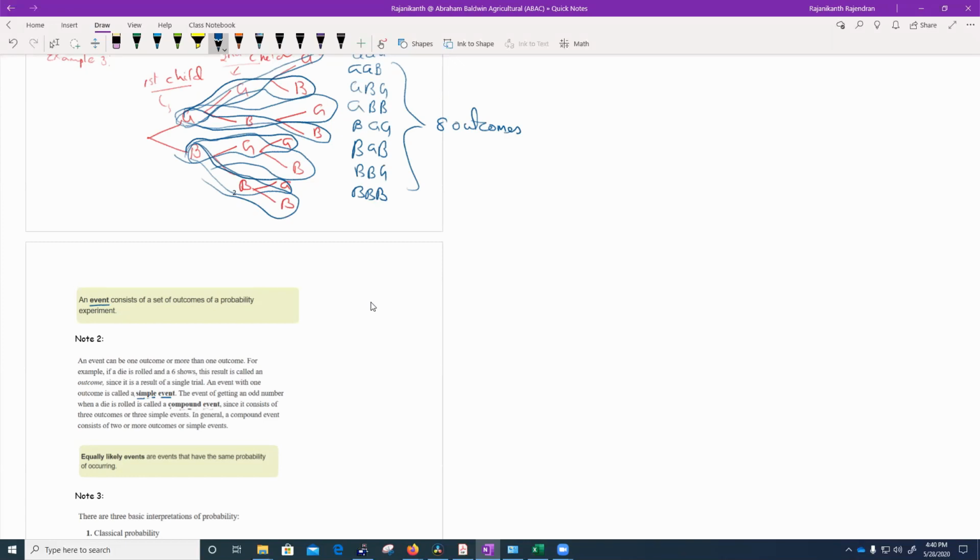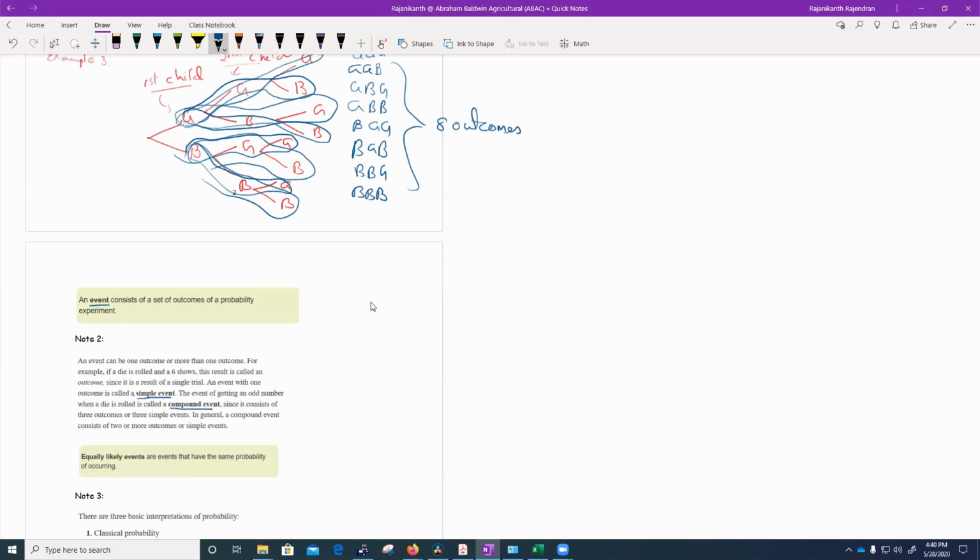For example, you are rolling a die and getting the number 6. Of course, you will get only one outcome, right? So it is considered a simple event. But if you roll a die and ask for getting an odd number, what is the possibility of getting odd numbers?